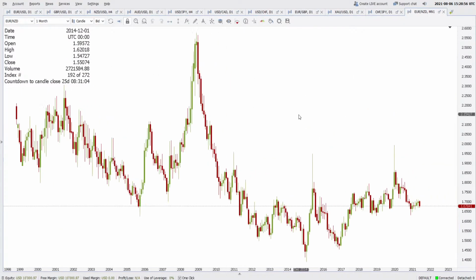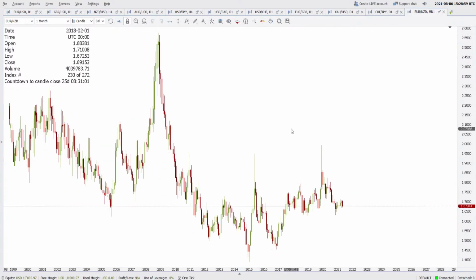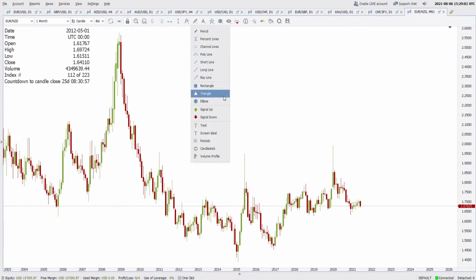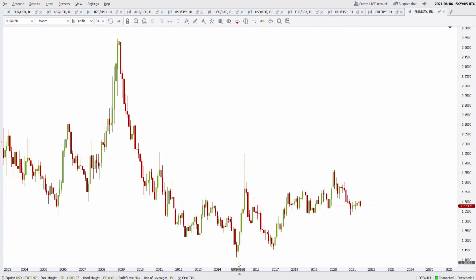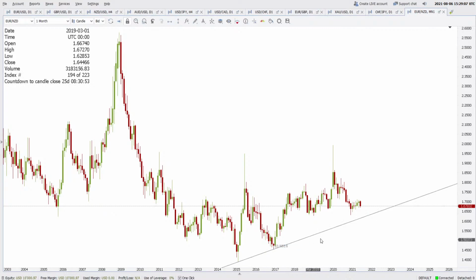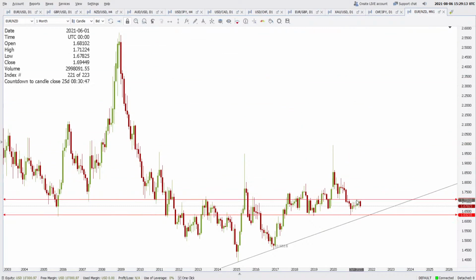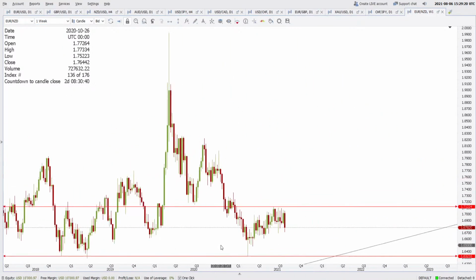Never try to analyze from the daily directly, try to analyze from the monthly. So these are the levels of interest on the monthly charts. Let us switch them to weekly.